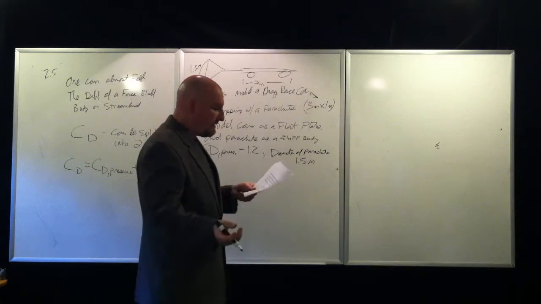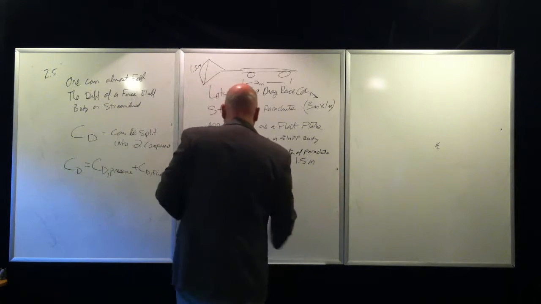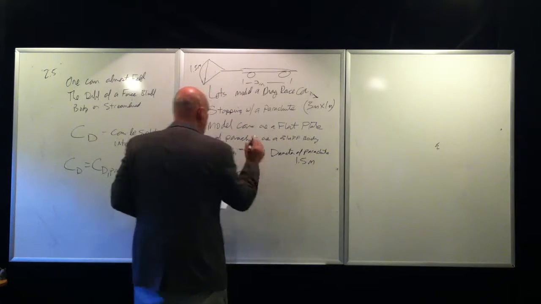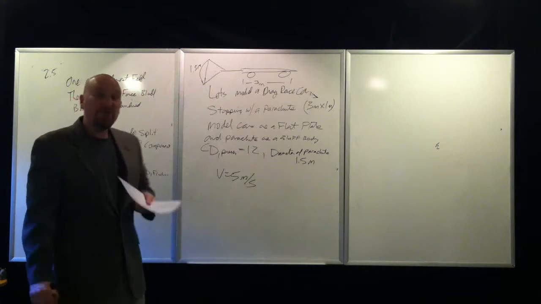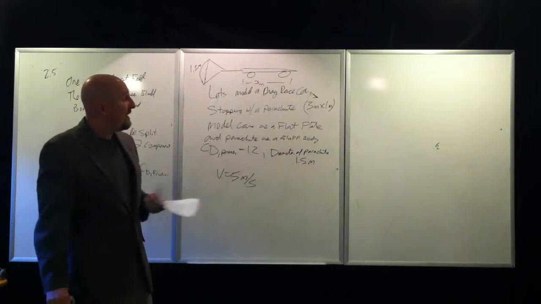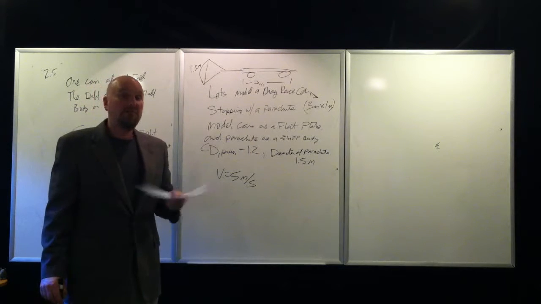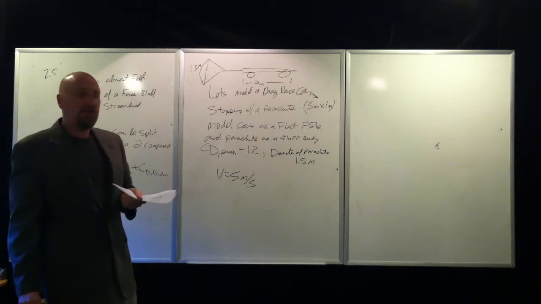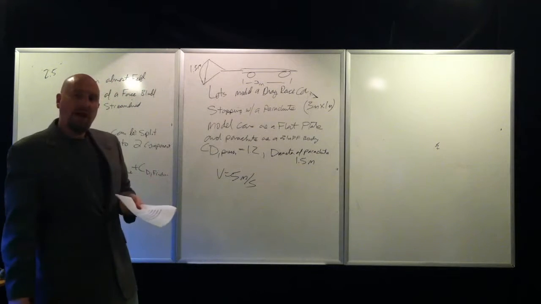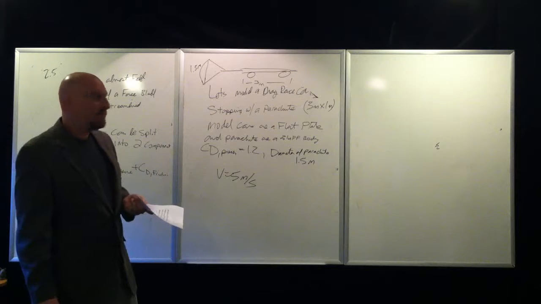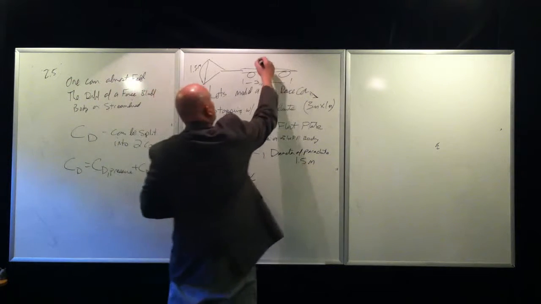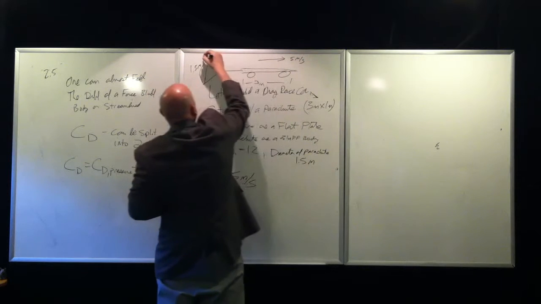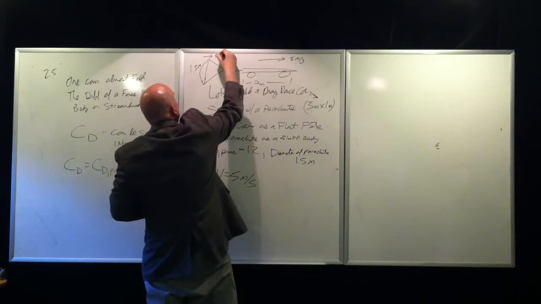So let's look at if the car is traveling at a velocity of 5 meters per second. We have to do two separate calculations. We have to do the calculation on the car, the force of friction on the car, and then also the force of friction on the parachute. If it's moving in this direction at 5 meters per second, this also is moving at 5 meters per second.